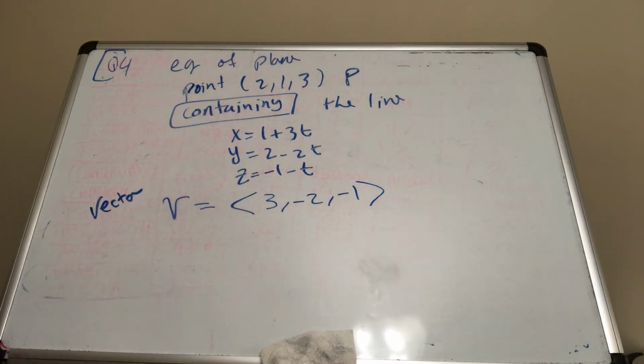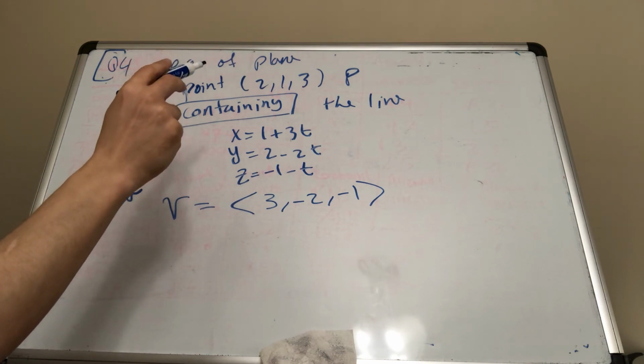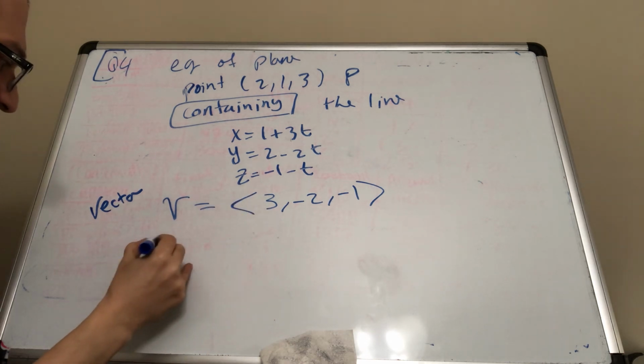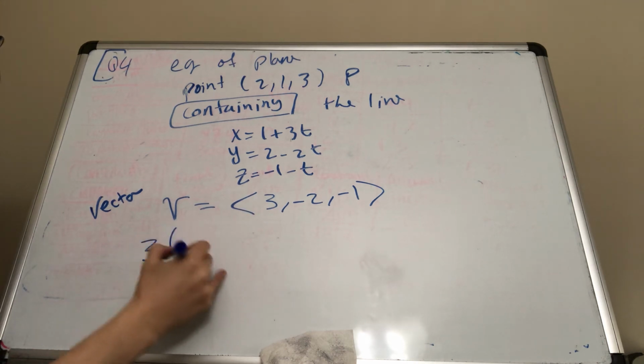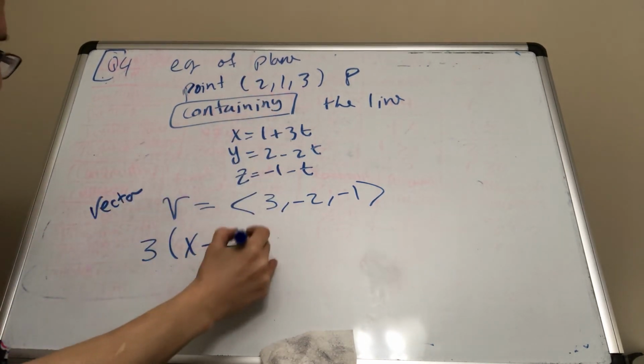That would be your vector. And once you have this, with the point that they tell you about, you take the first slope times x minus whatever this point is.